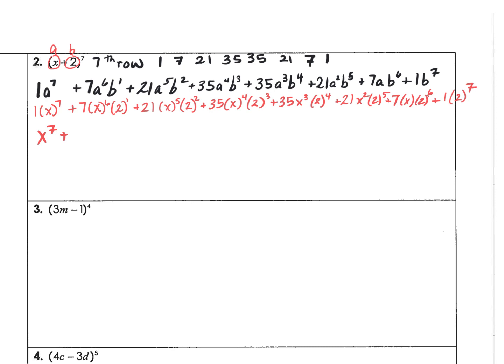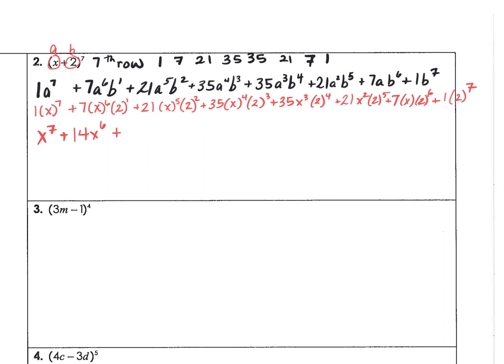Times. So what's 2 to the 1st times 7? 14. So this becomes plus 14x to the 6th. Calculator problem again for this term. 2 to the 2nd times 21, right?